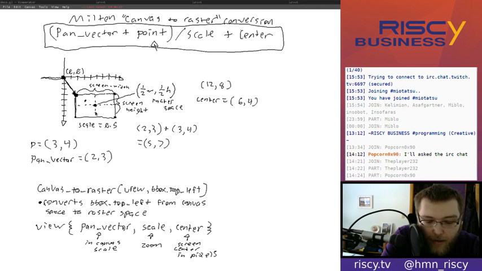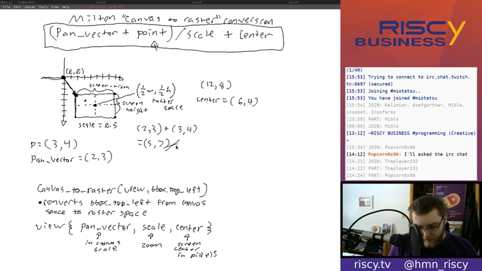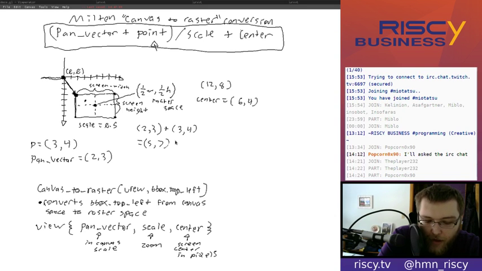But we need to divide it by the scale. So divide by 0.5, but that's gonna make it bigger, isn't it?